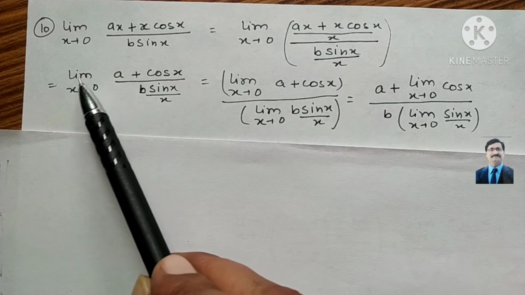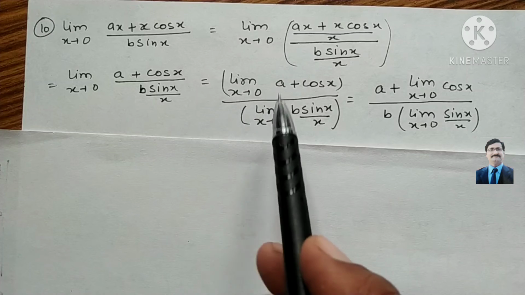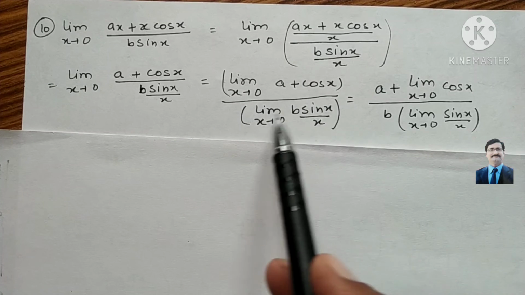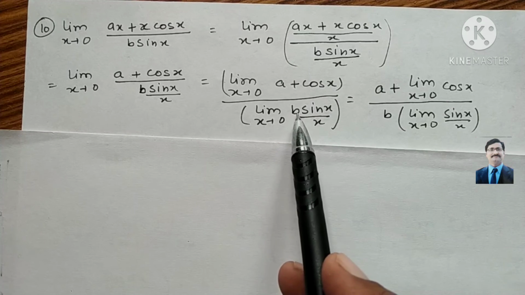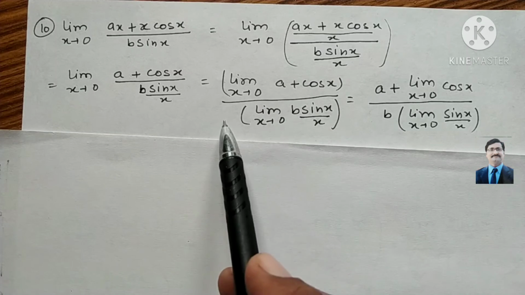Now we separate this, here this is the numerator and this is the denominator, so we get the limit as x tends to 0 of (a plus cos x) whole upon the limit as x tends to 0 of b sin x upon x. Now this b does not depend on the limit, so we take it outside.